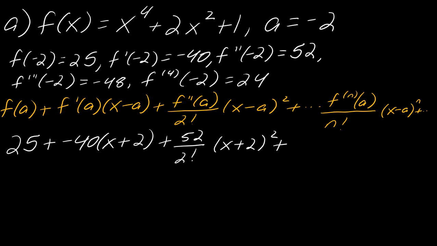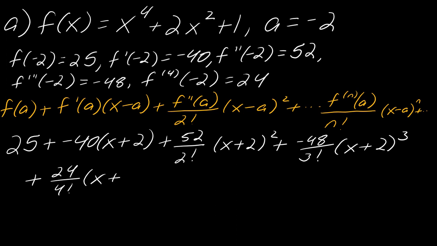And then I'm going to have negative 48 over 3 factorial, x plus 2 cubed. And then my final term will be 24 over 4 factorial, x plus 2 to the 4th. And after that, everything is just 0. Okay, so if your derivatives just die out like happened here, then you will just write out the entire series.